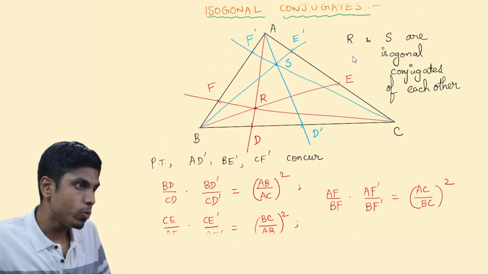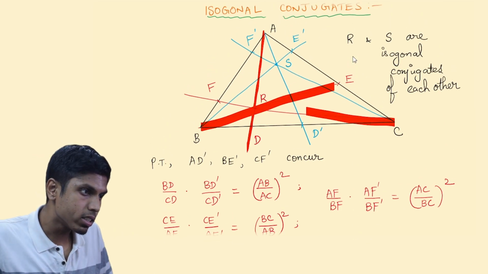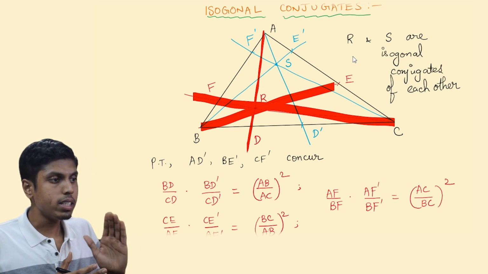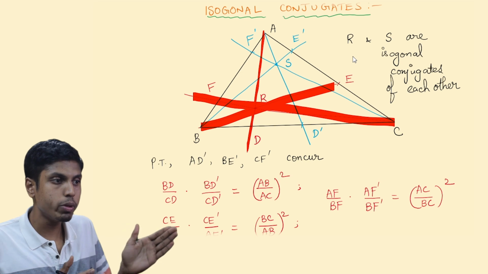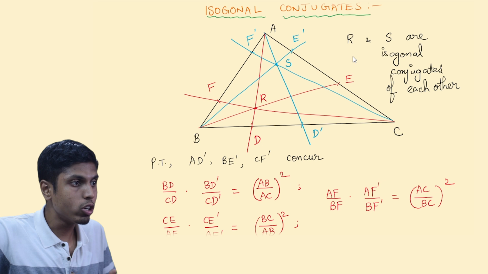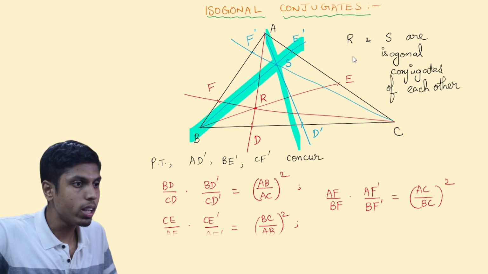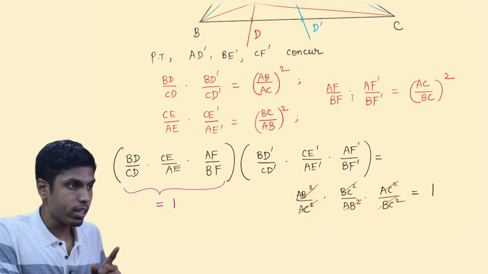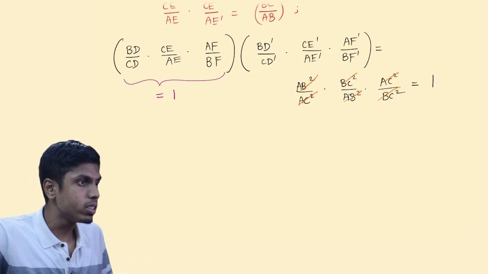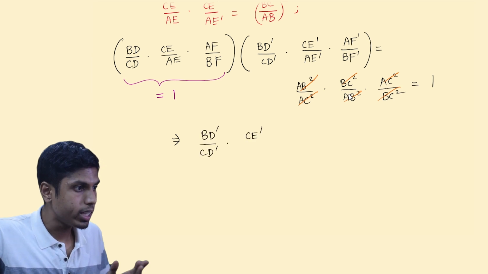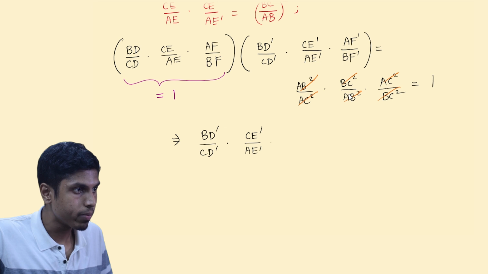Let's go back to the diagram. You may see that the red lines were intentionally constructed in such a way that they all meet at the point R. So hence, by Ceva's theorem, those ratios BD by CD times CE by AE times AF by BF would be 1. And we are actually going to prove that their isogonal lines will also concur. So that is unknown. We cannot assume that, though it is diagrammatically true. So since this is 1, the ratio that remains will also be 1: BD prime by CD prime times CE prime by AE prime times AF prime by BF prime is also 1.